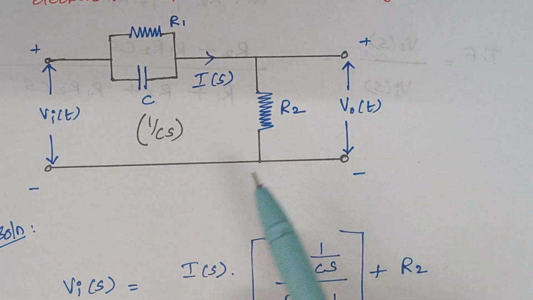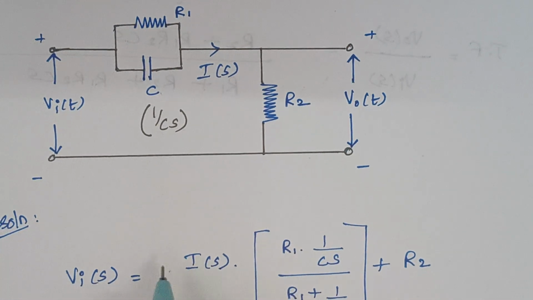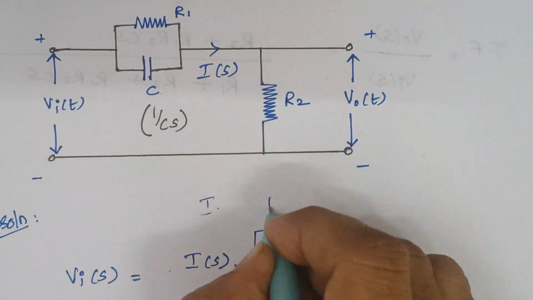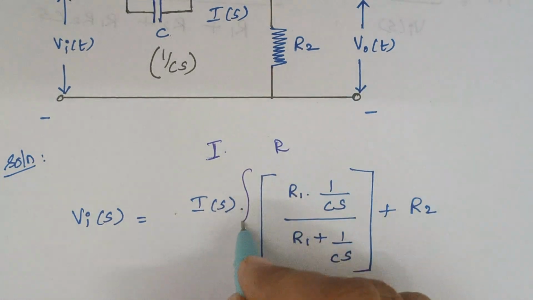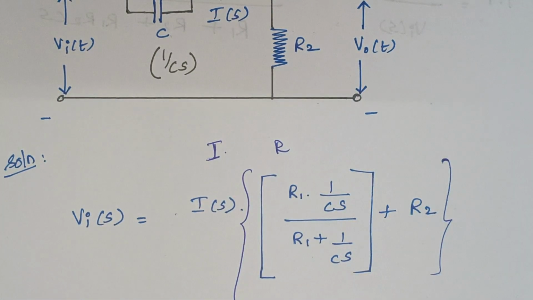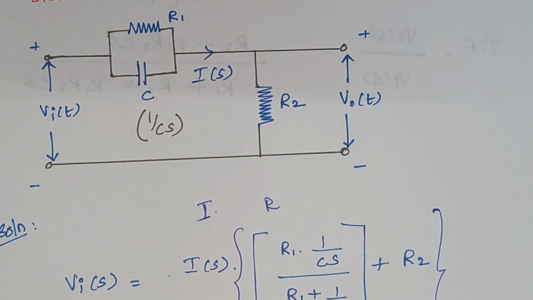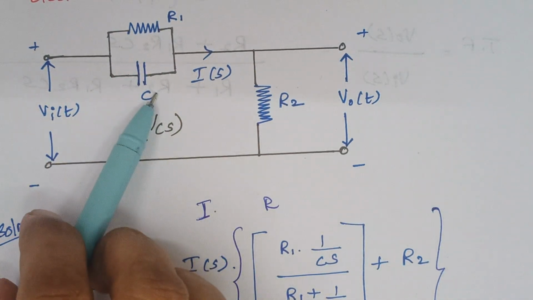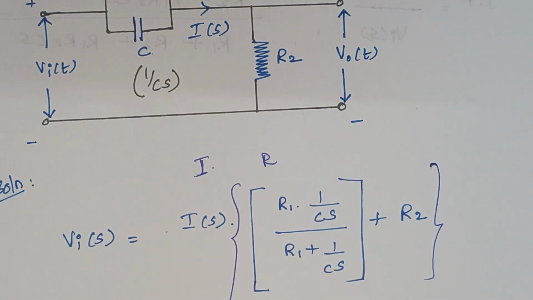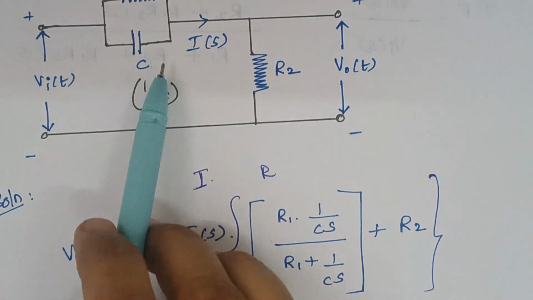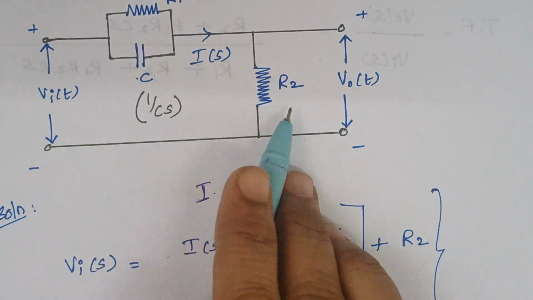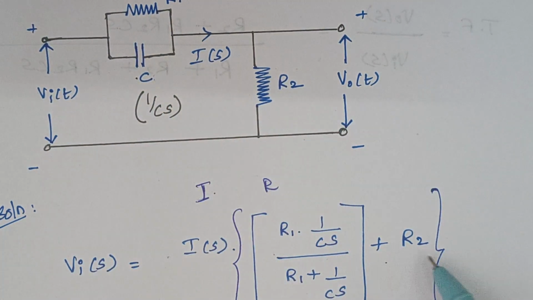So V is represented as I into R, where this is your I and this entire thing forms your R. The parallel combination is R1 into 1/Cs divided by R1 plus 1/Cs, and this is in series with R2, therefore plus R2.